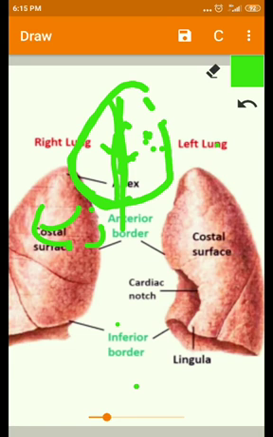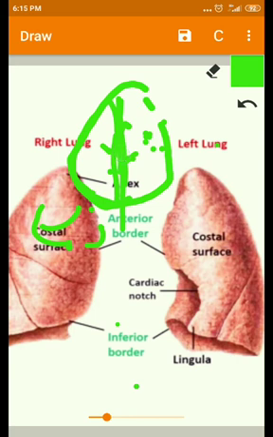The mediastinal part is related to the mediastinal septum, and it shows some cardiac impressions. The hilum, that is the root of the lung, is present on both sides, along with a number of other impressions which differ on the two sides.